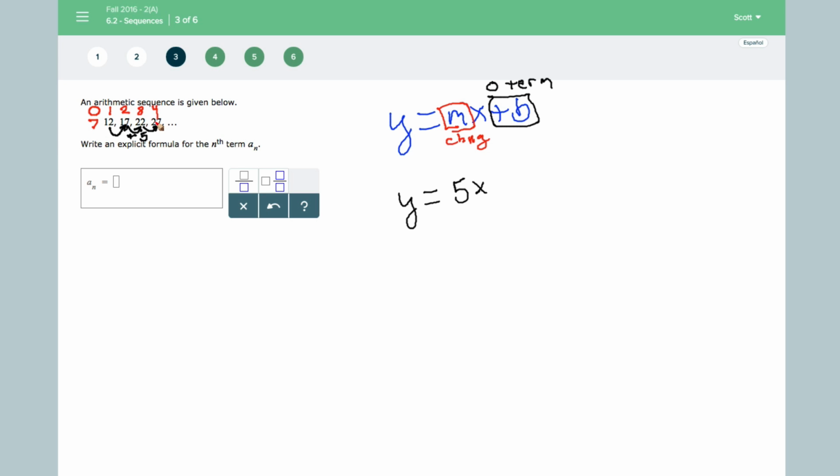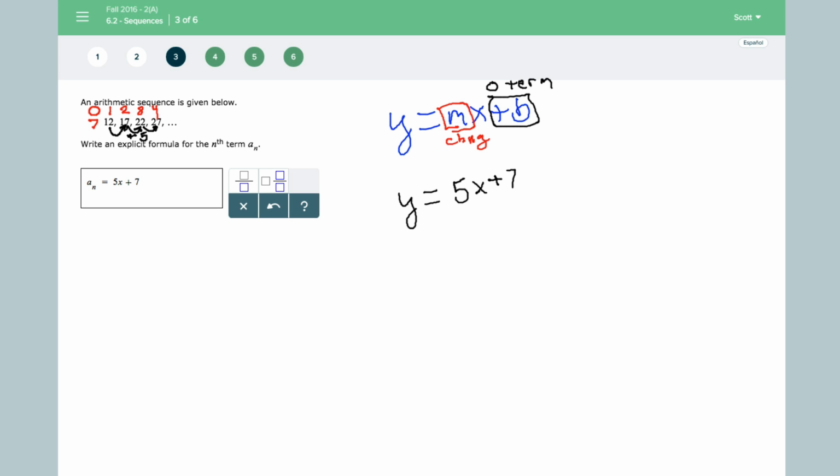Let's double check that. 27 minus 5 is 22. 22 minus 5 is 17. 17 minus 5 is 12. 12 minus 5 is 7. So that means I've got positive 7 right there. And that's what you need to put in. Don't worry about the a sub n and stuff like that. Remember, a sub n is just y. So 5x plus 7.